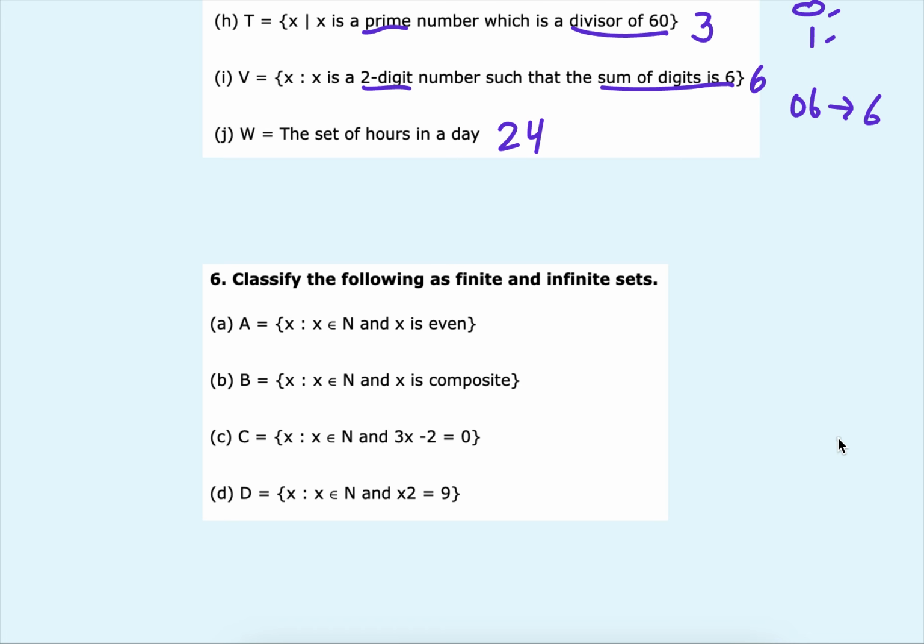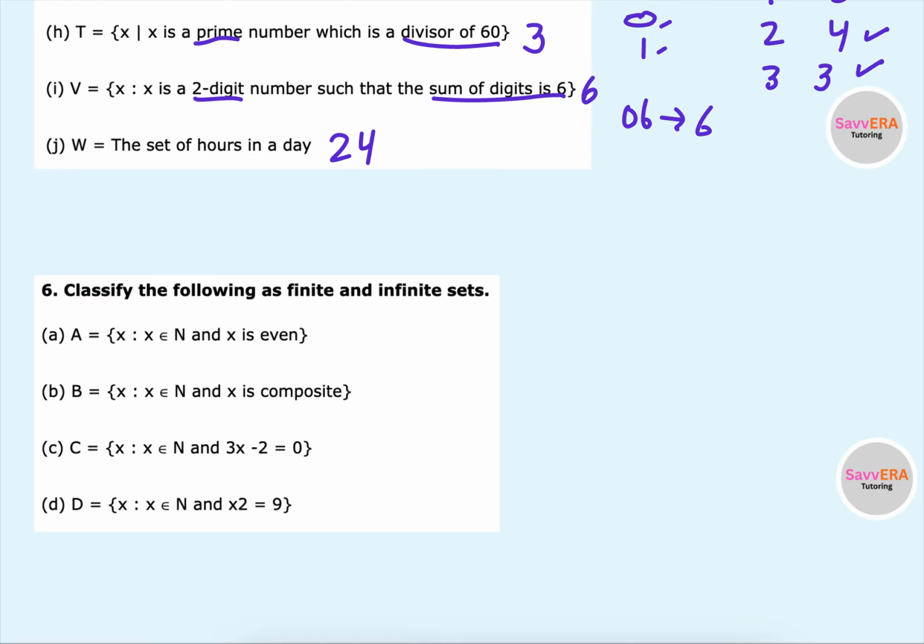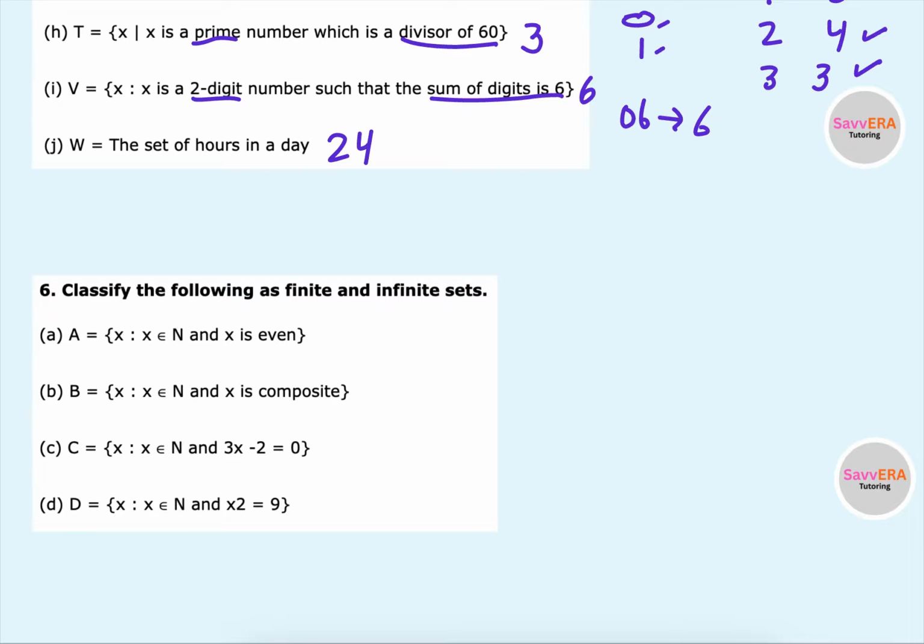Sorry about that. All right, classify the following as finite and infinite sets. So this one has an exact number, this one does not because it goes on to infinity.